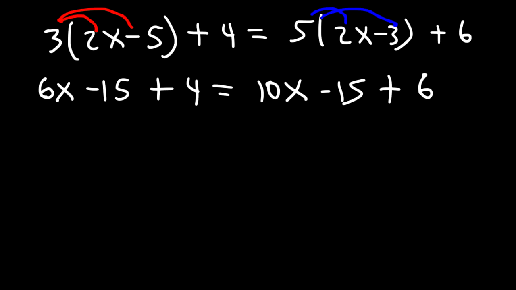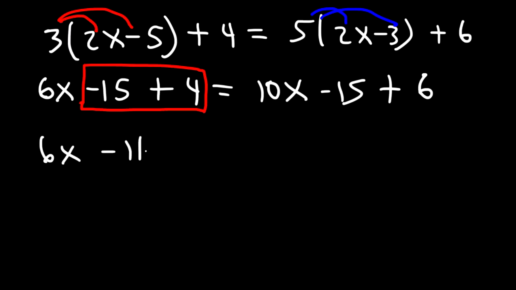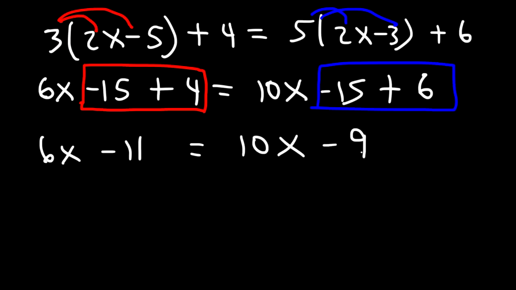Now, let's add like terms. So these two are similar. Negative 15 plus 4, that's negative 11. And then negative 15 plus 6 is negative 9.